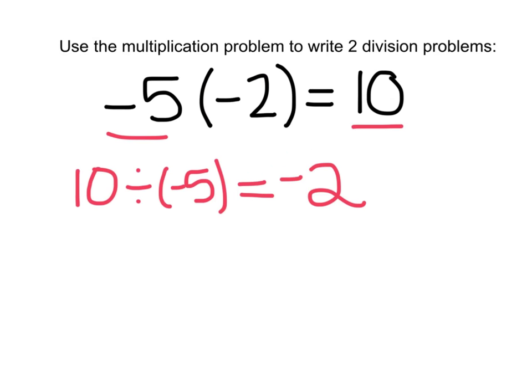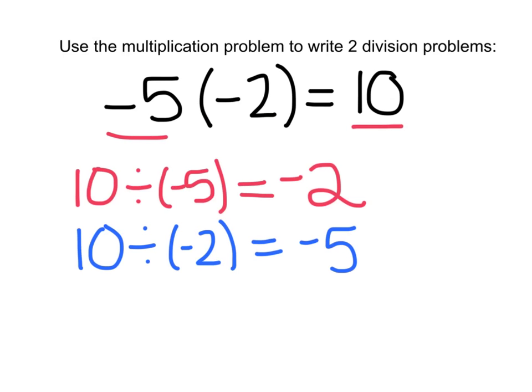Okay, and our second problem would be 10 divided by negative 2 equals negative 5. So we're just kind of reversing this multiplication here to write our division problems. And again, I see a positive divided by a negative is a negative, or my signs are different and my quotient is negative. And here my signs are different, and my quotient is negative again.